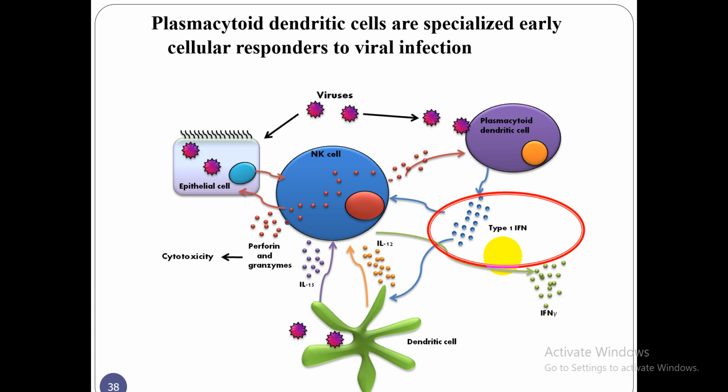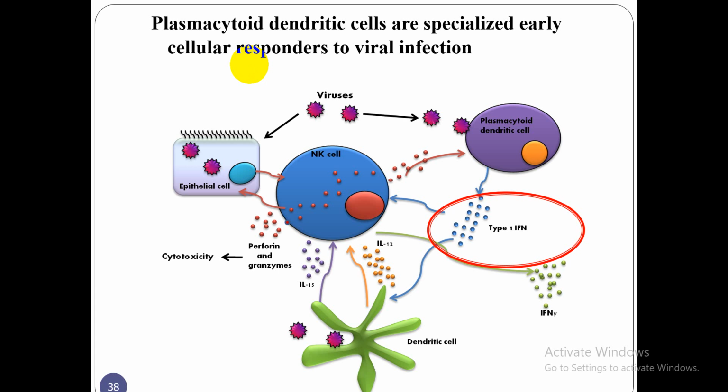These dendritic cells are called plasmacytoid because they are similar to plasma cells, and they are important in producing cytokines like interferon alpha and interferon beta, which belong to interferon type 1 and are very important mediators for defense against viral infections.